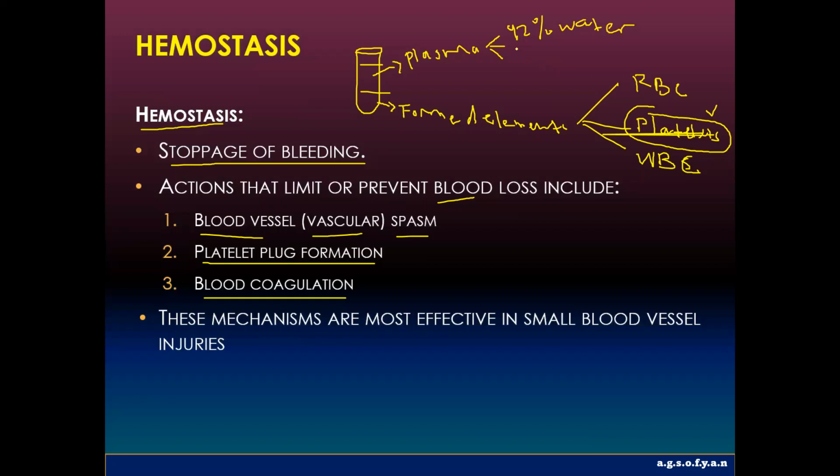Okay, the second component is called the proteins. And remember again, there are 3 main types of proteins in the blood plasma. The first one is albumin. The second one is globulin.